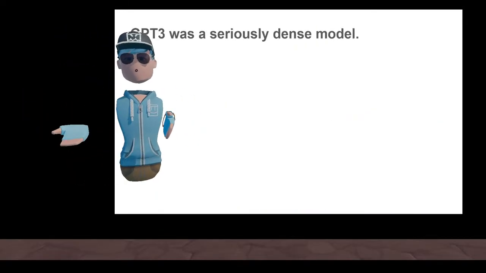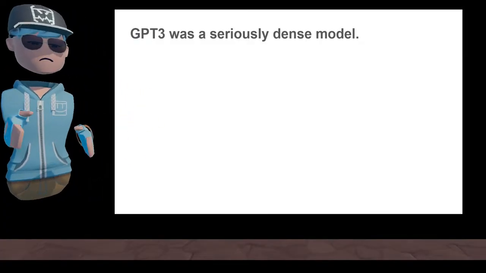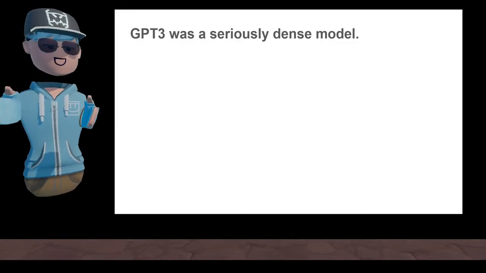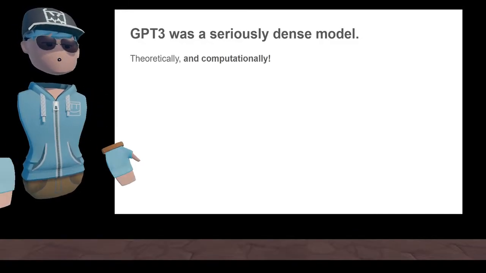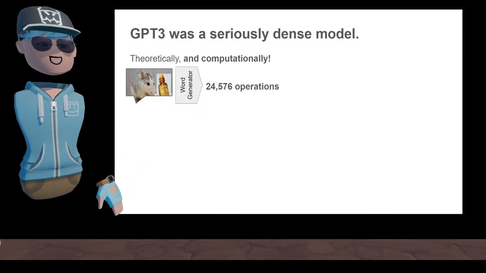GPT-3 was a very, very dense model, and dense can mean two things. It's dumb, or it's like a lot of things compacted into one. It's both. It is both. It's very dense.